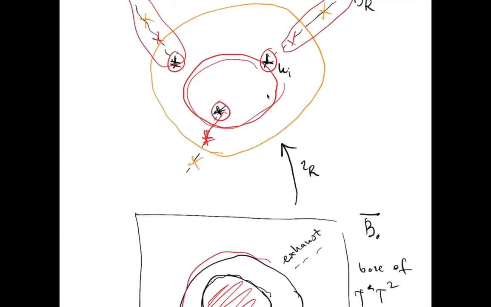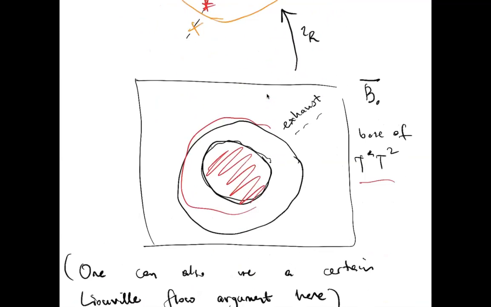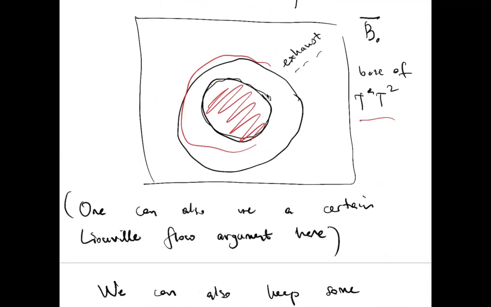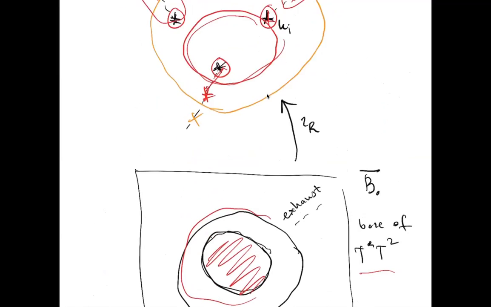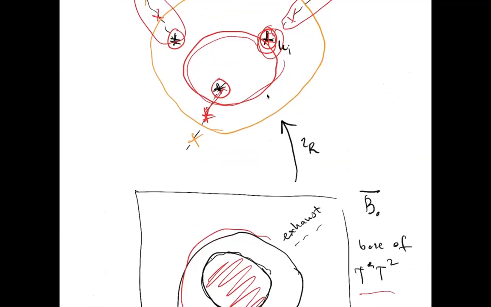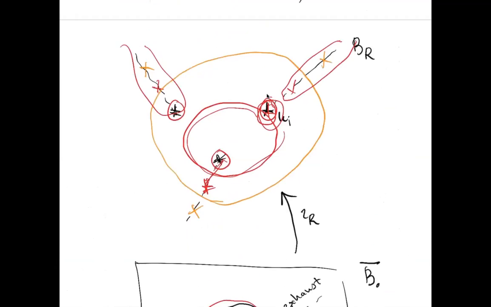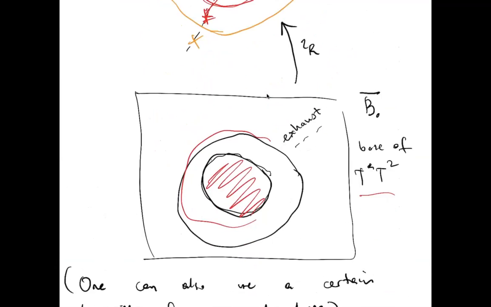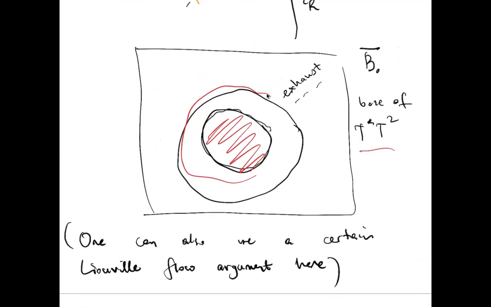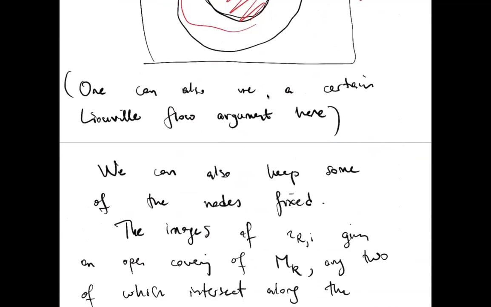But if you also keep one of the nodes fixed and just move all the rest to infinity, then you can embed other models, just MKI. There is also a Liouville flow argument that gives you these embeddings, but I'll omit that.